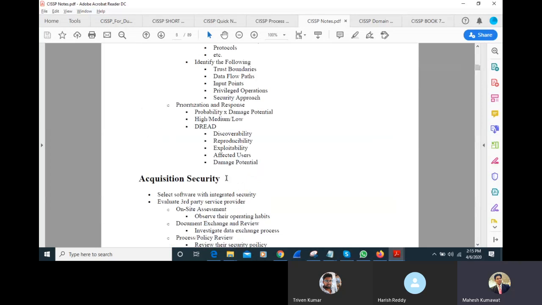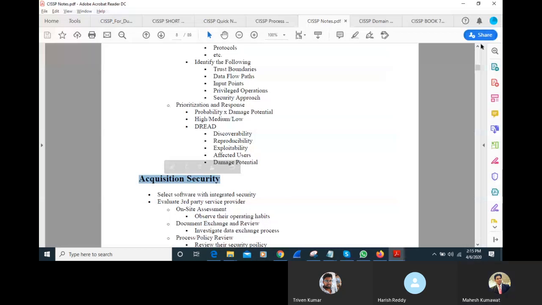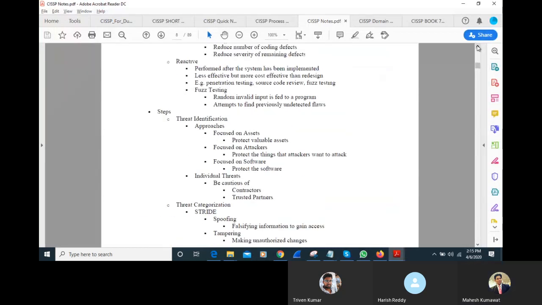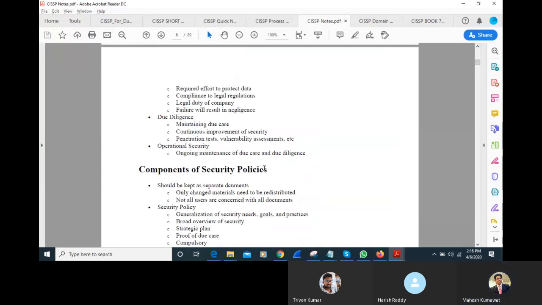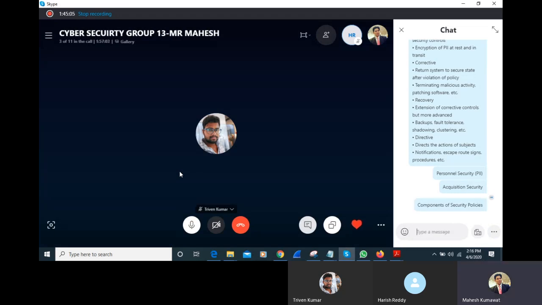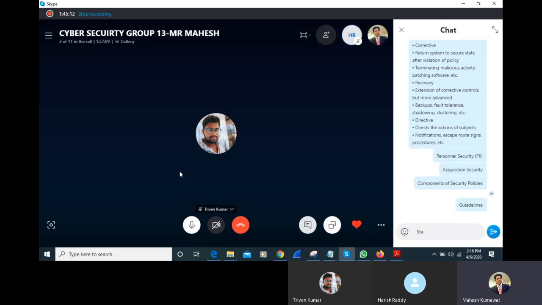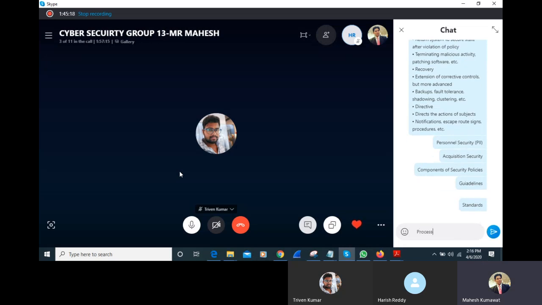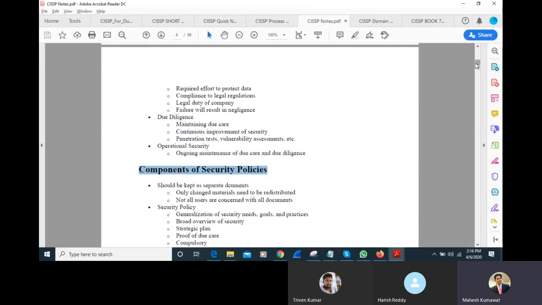Acquisition of security, state modeling, security policies, guidelines, processes. These are steps you need to check out.